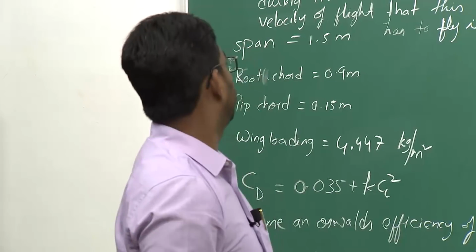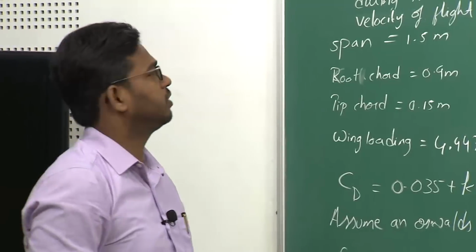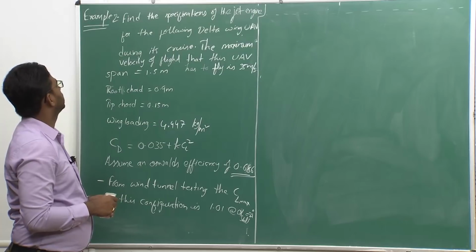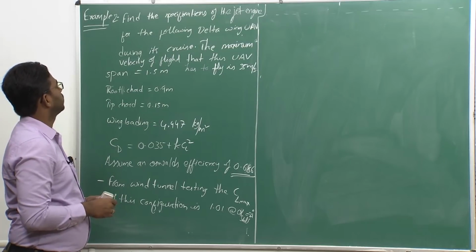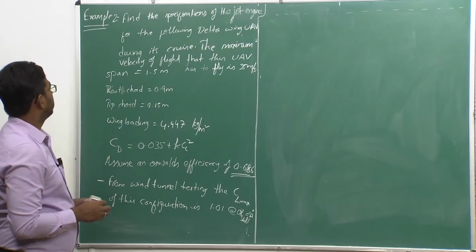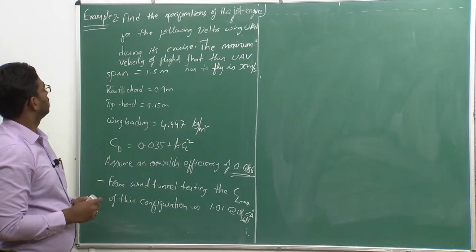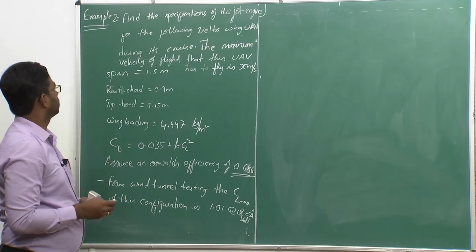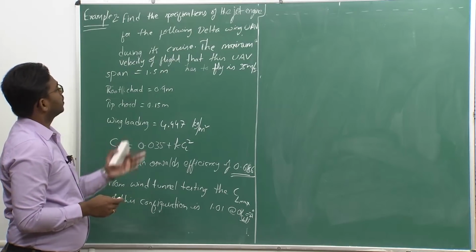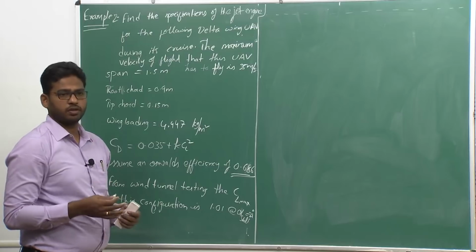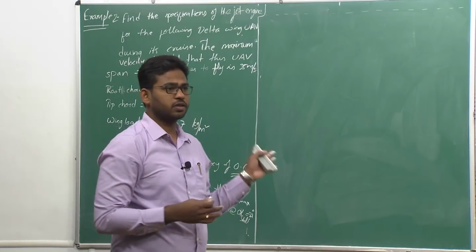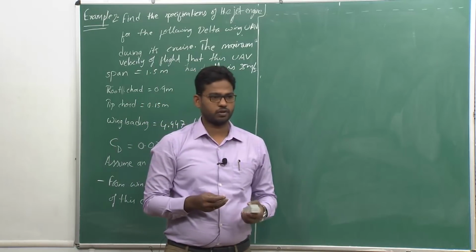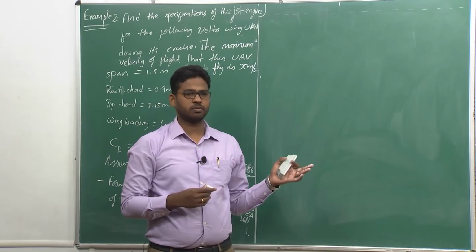Now, let us look at another example. The same question, let us solve for a jet engine. Find the specifications of the jet engine for the following delta wing UAV during its cruise. The maximum velocity of flight that this UAV has to fly is 35 meters per second. Similar to the propeller driven aircraft, the jet engine is rated in terms of thrust, while a propeller driven aircraft is rated in terms of power.